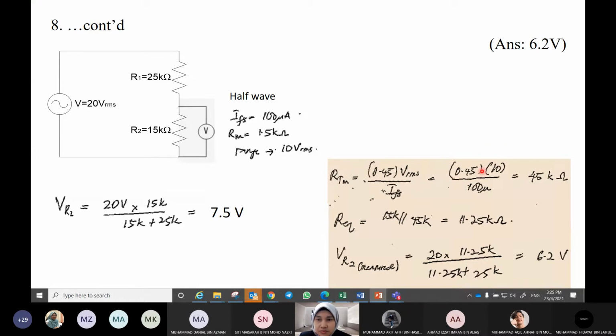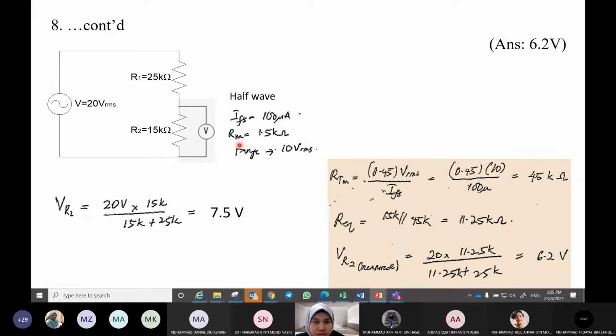So 0.45 multiplied with the voltage range of the voltmeter, which is 10, divided by 100 microamps, the current of the meter. So the R total of the voltmeter is 45 kilo ohm.